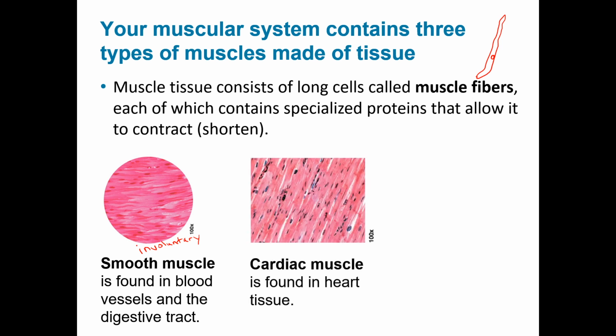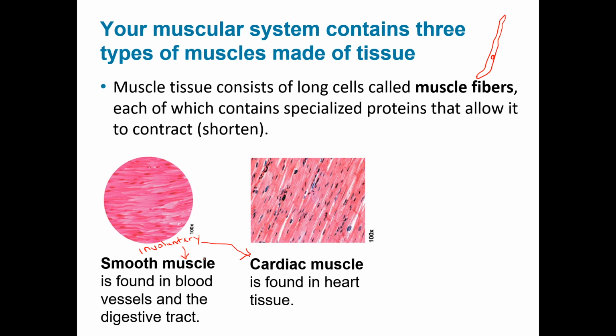Next is cardiac muscle. Cardiac muscle, just like smooth muscle, is also involuntary. You can fall asleep and don't have to worry about your heart stopping, hopefully, because it is happening automatically.